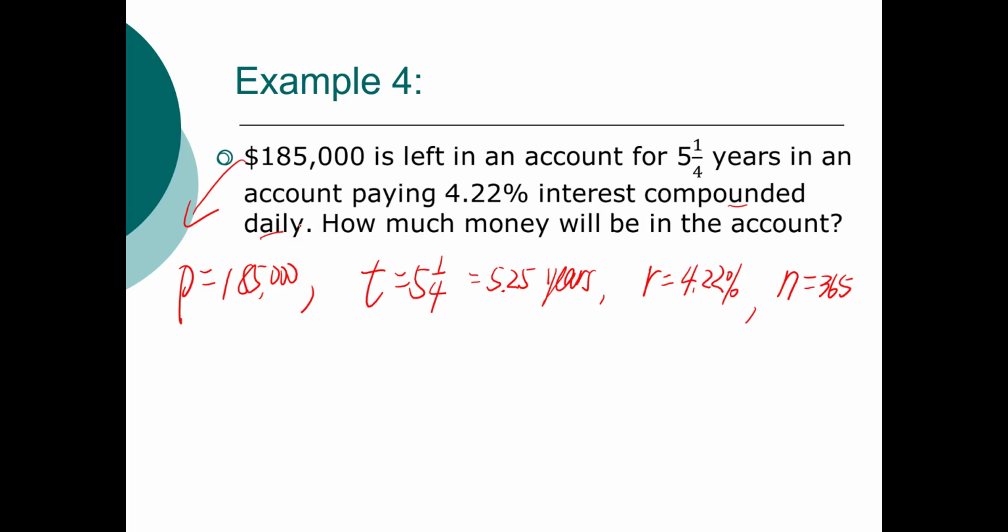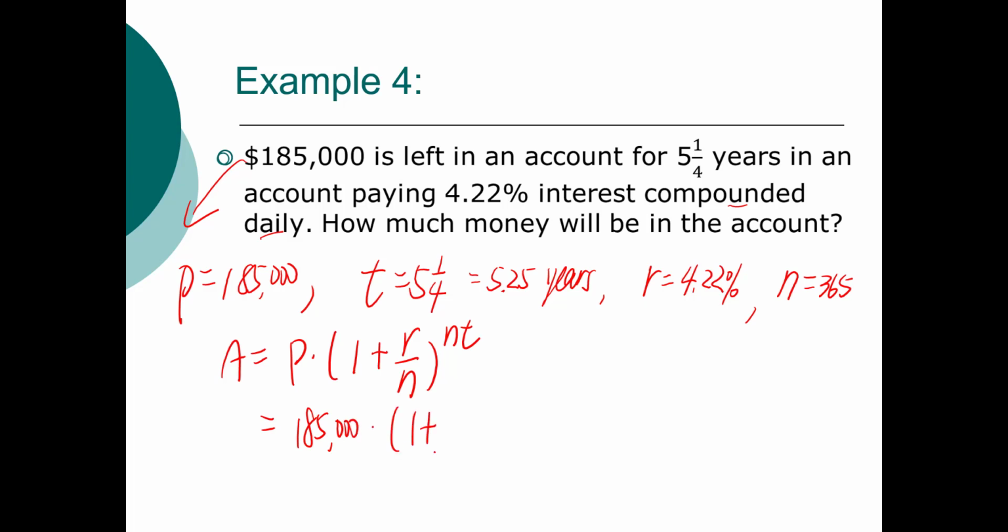So now, again, we apply the formula: the balance equals principal times (1 plus r over n) raised to nt. We're still plugging in all the numbers: 185,000 multiplied by (1 plus the rate, 4.22%, over 365). The exponent is 365 multiplied by 5.25 years. Okay. So one more time, we just use Excel or a calculator to do this.